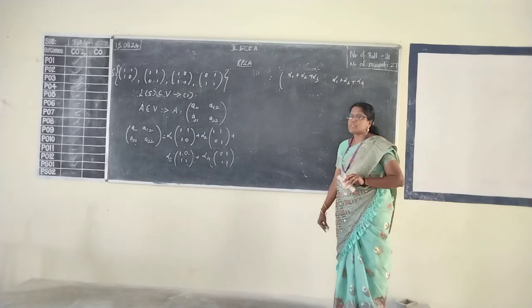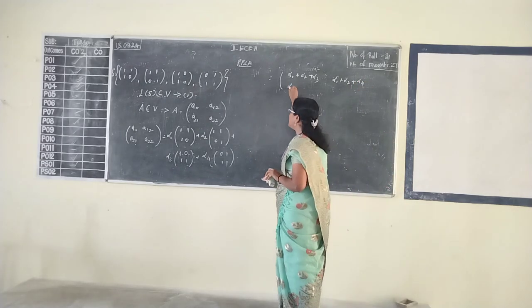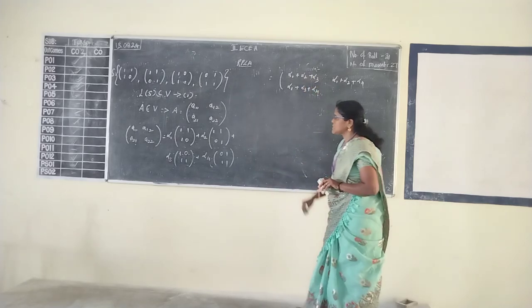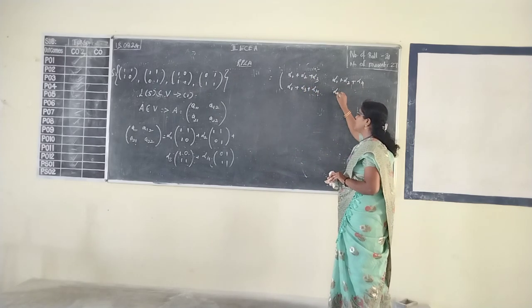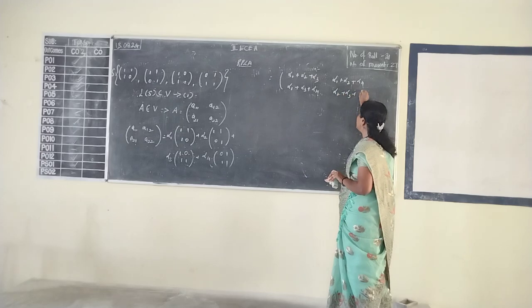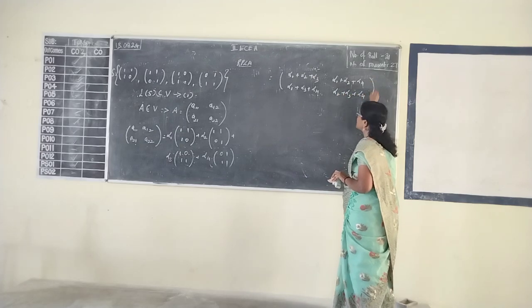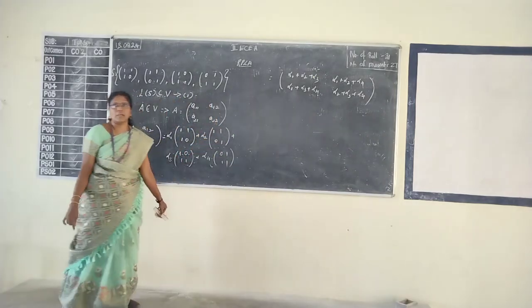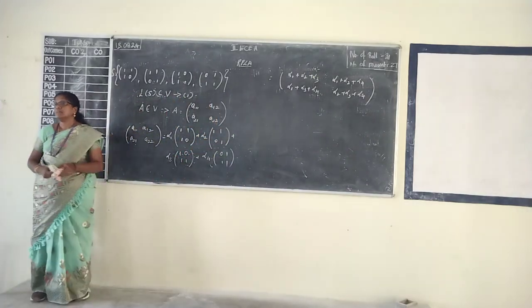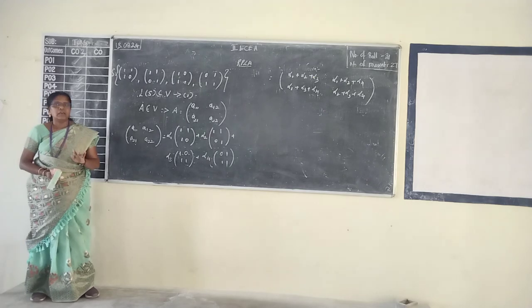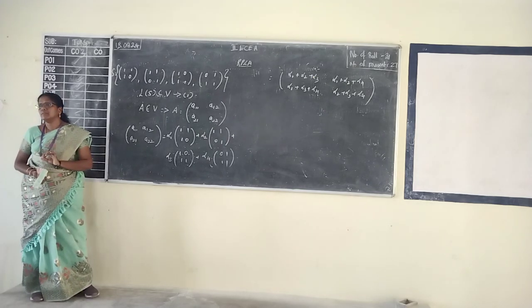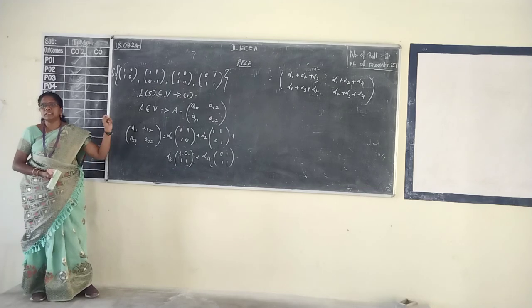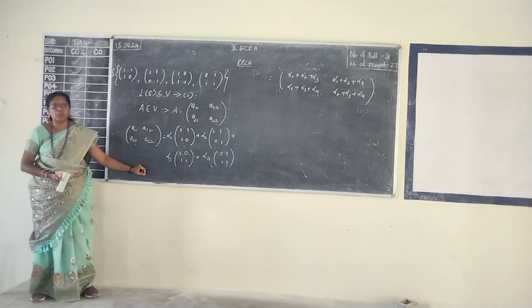Now second row, first element alpha 1 plus alpha 3 plus alpha 4, and the second element alpha 2 plus alpha 3 plus alpha 4. Two matrices will be equal when the corresponding elements are equal. So using that, we are going to rewrite this as equations.